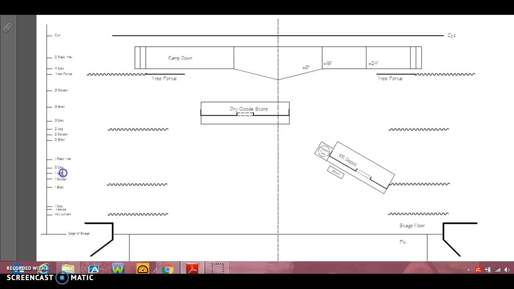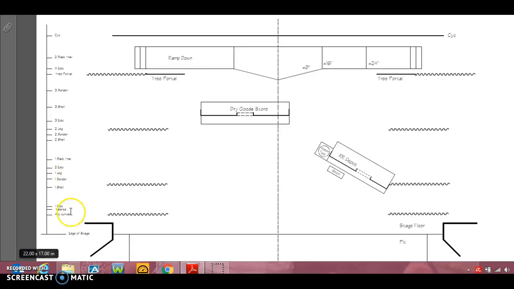The next thing we're talking about is legs. A leg is another part of masking. Something overall that I want you guys to be aware of is that curtains are used for masking. Masking is important. Don't forget that theater is magic.